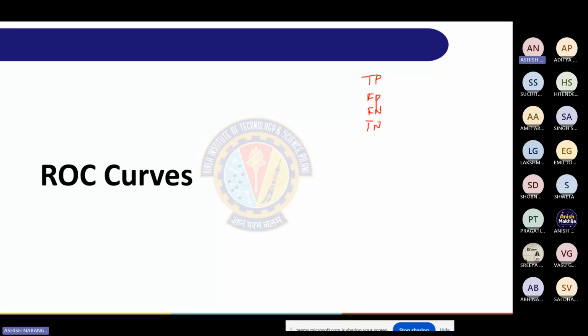This is basically related to classification models. We know classification is supervised learning. All of you know what supervised learning is?